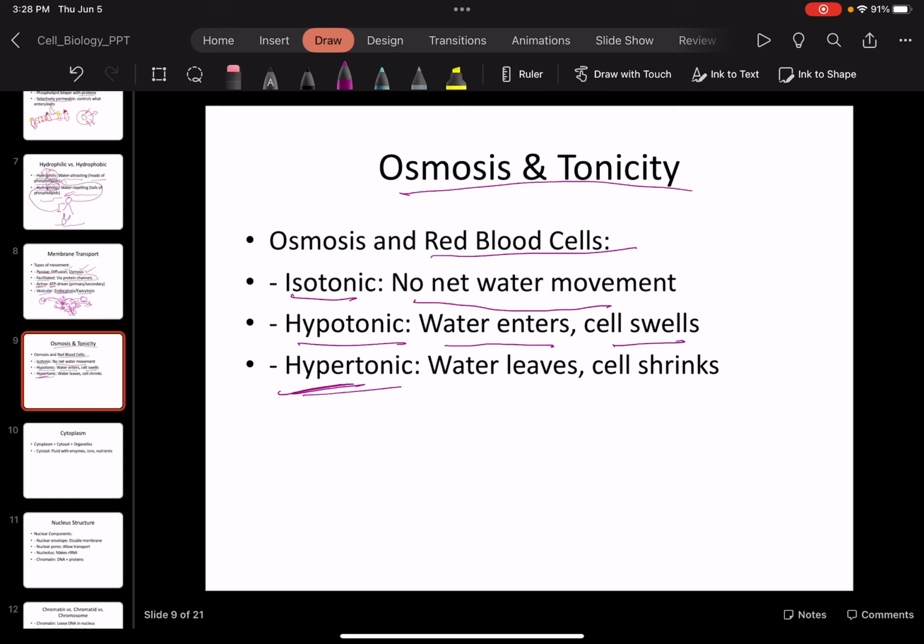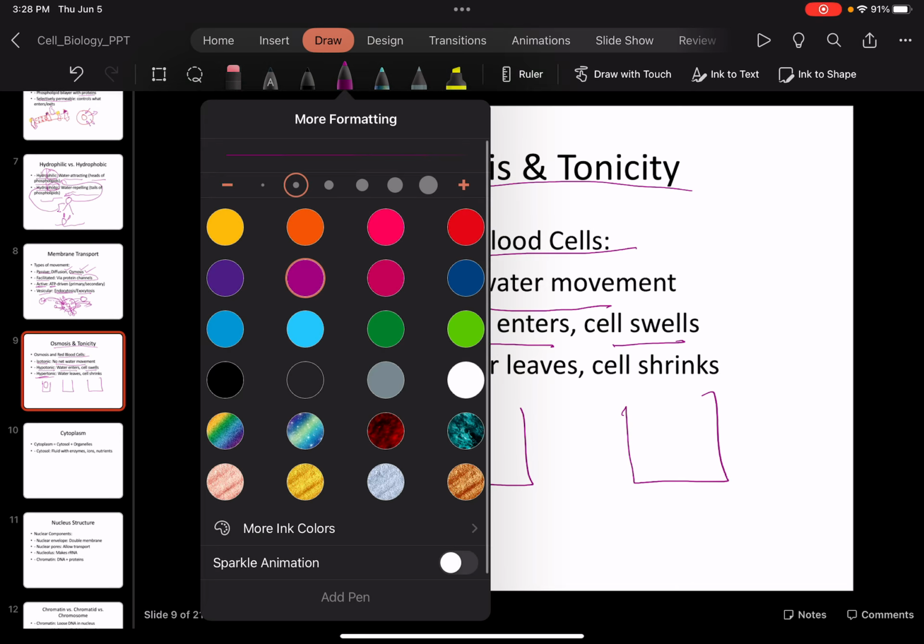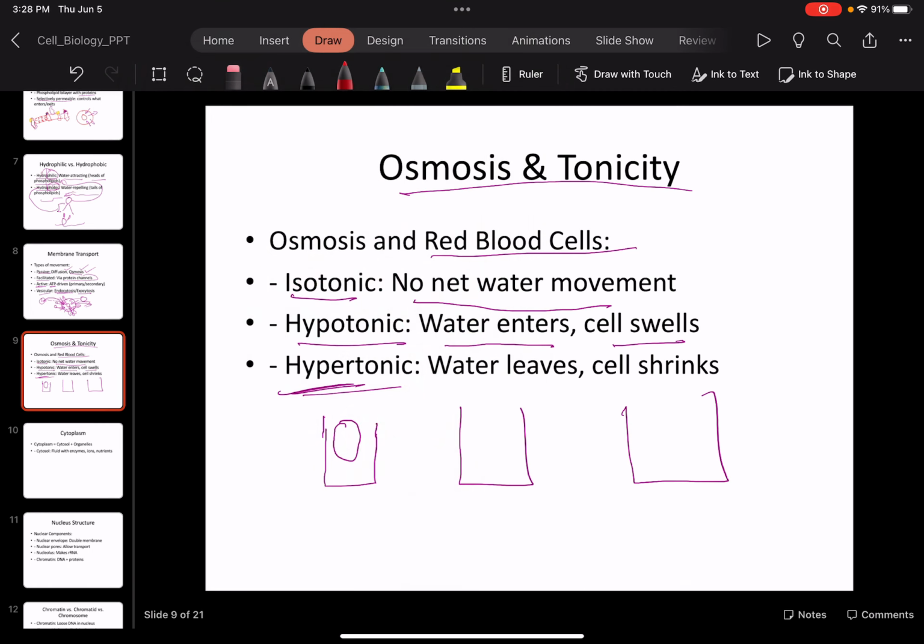So in this case, think about it, take a beaker. We're going to put the red blood cells, RBC, all of them. So think about this concept.